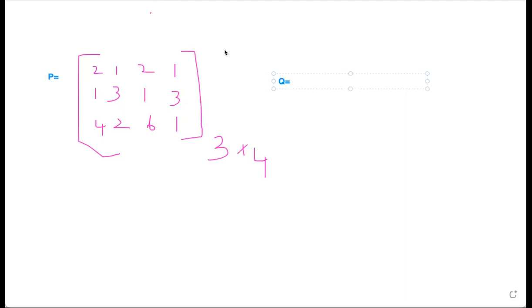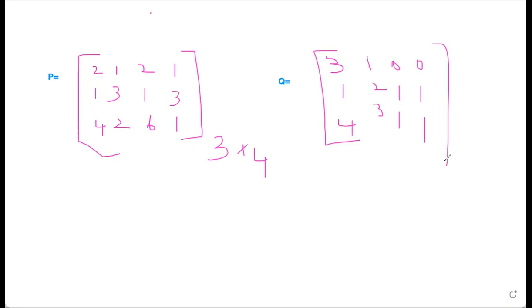Q is equal to 3, 1, 0, 0, 1, 2, 1, 1, 2, 1, 1.